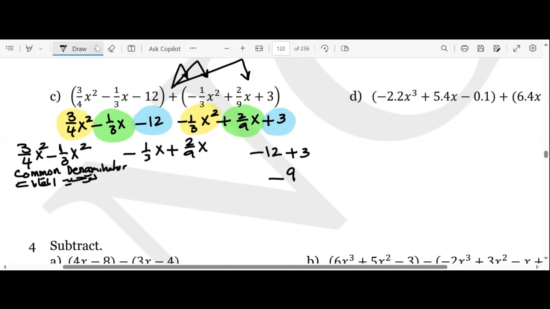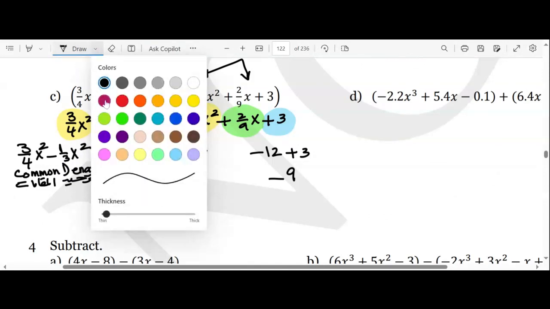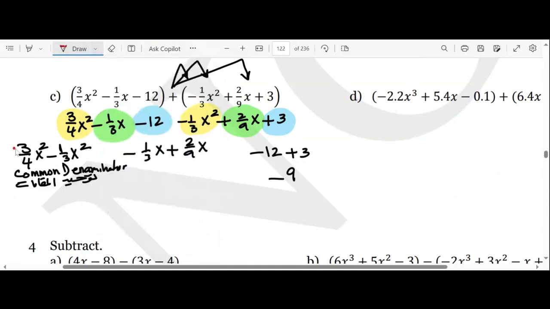Okay. So what should I do with the 3 and the 4? So let's do this. So this one is 3, right? Now I'm going to multiply here by 3 and here by 3. Here multiply by what? 4 and here.